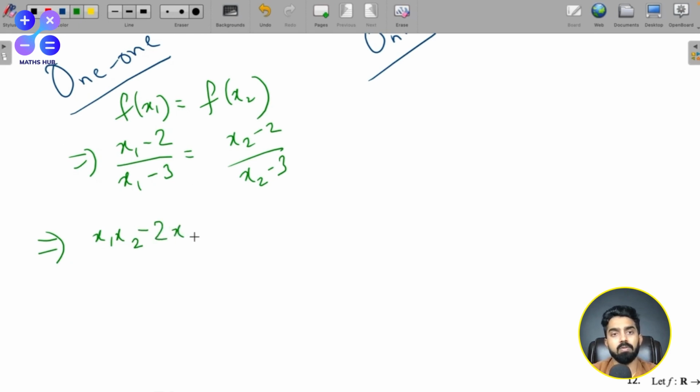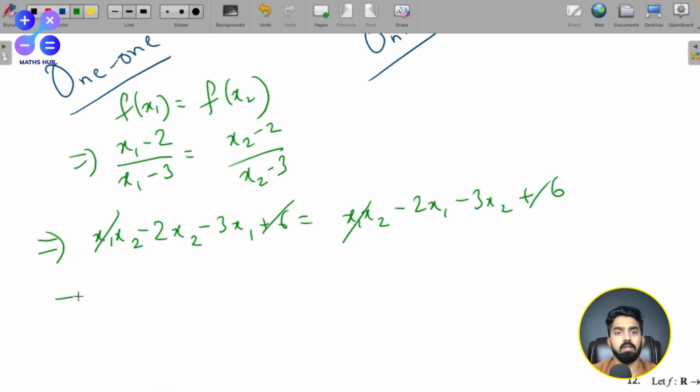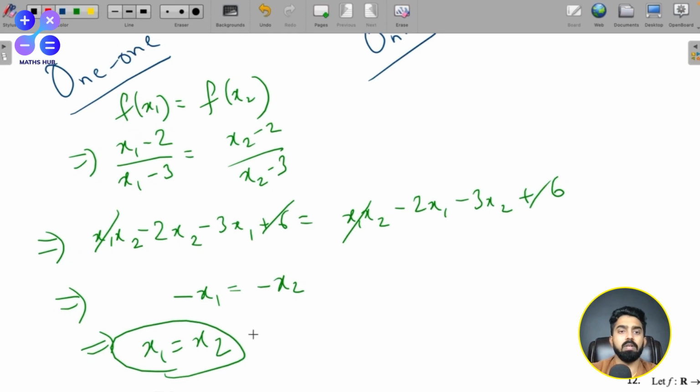So x1x2 minus 2x2 minus 3x1 plus 6 equals x1x2 minus 2x1 minus 3x2 plus 6. Right, so 6 cancels, x1x2 cancels, and if you bring x2s and x1s to each side, 2x1 and minus 3x1 will be minus x1 equals minus 3x2 plus 2x2, so that will be minus x2. So this means x1 equals x2. So that works out.